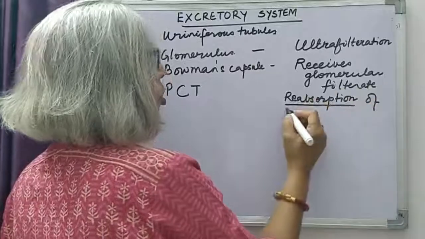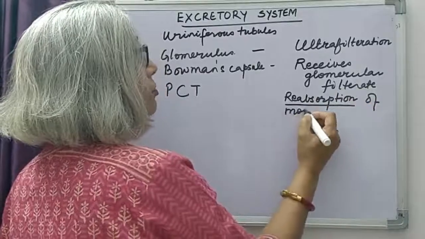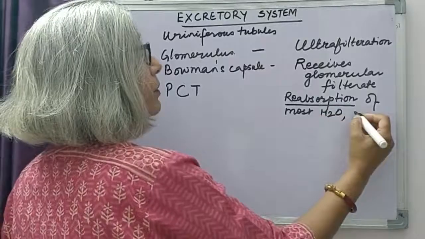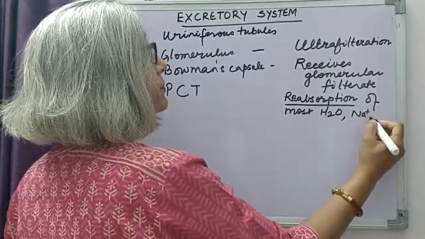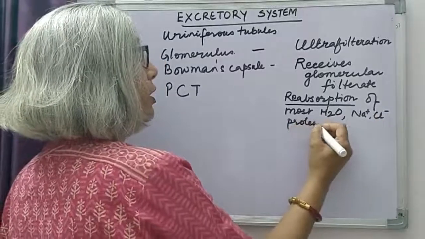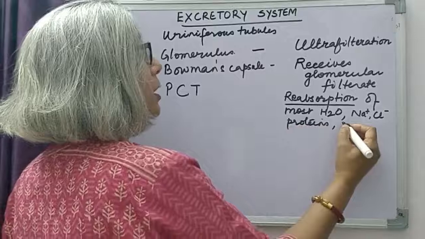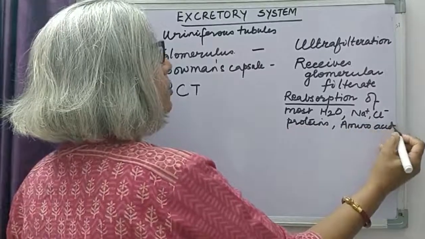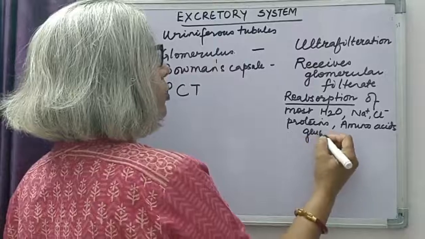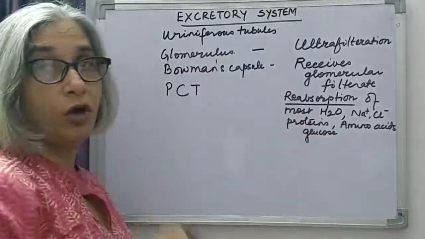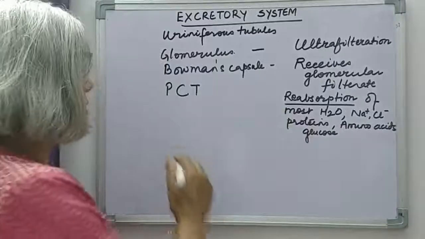Reabsorption of almost all water, sodium ions, chloride ions, smaller protein molecules, all amino acids and all glucose takes place in the proximal convoluted tubule of the nephron.